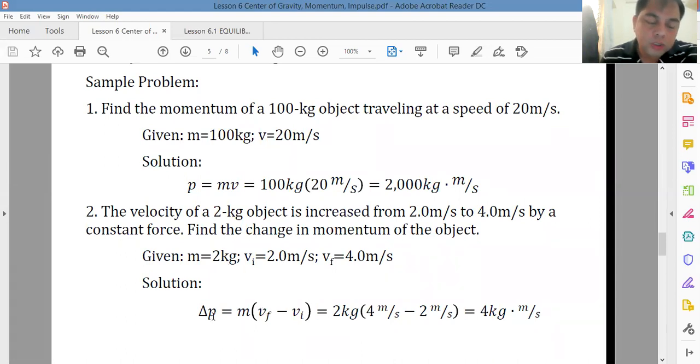There will be a change in momentum when the object encounters an obstacle. For example, if two billiard balls hit each other, there's going to be a change in momentum in the billiard balls. If one ball is at rest and the other is moving, you'll realize that both of them will change their momentum when they collide.